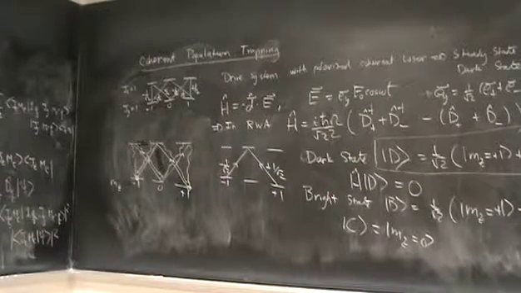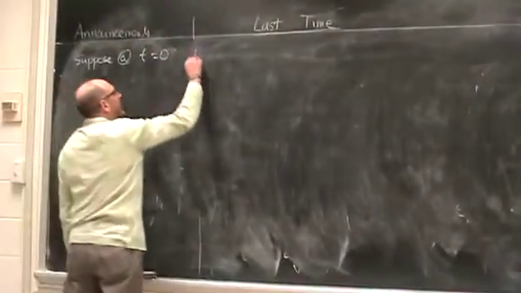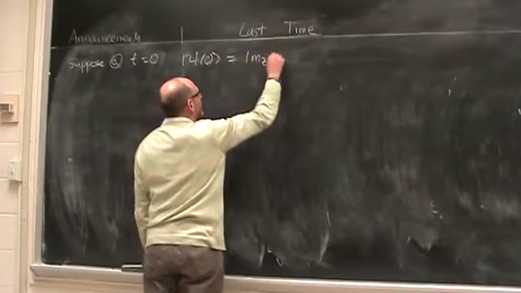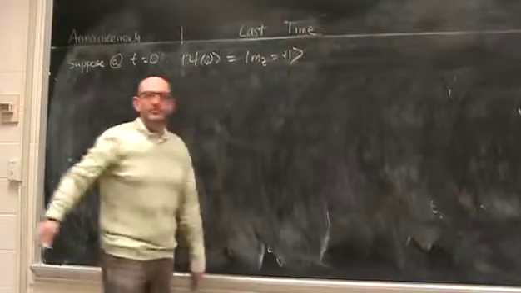Okay, so let us consider the following. Suppose at t equals 0, we prepare the state in, for example, the mz equals +1 state.